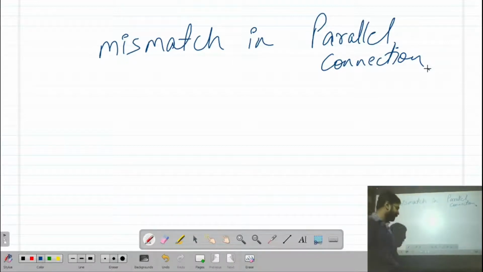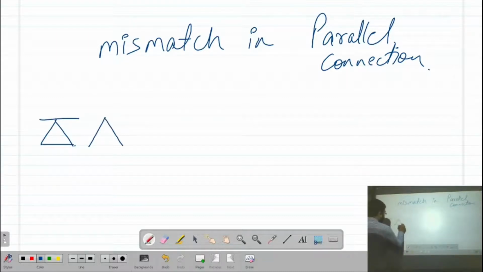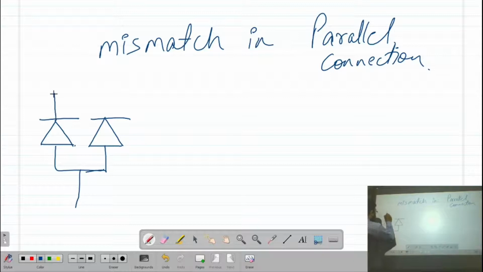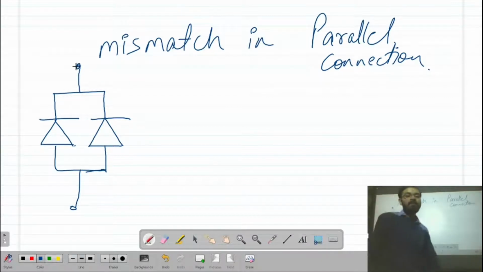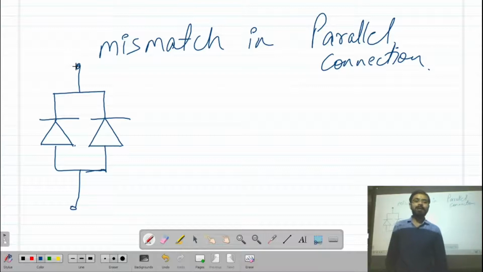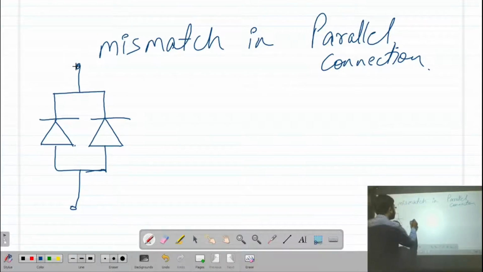The parallel connection will be something like this, right? So this is nothing but the parallel connection, where both the solar cells are connected in parallel, right? We can also take the top view of that.